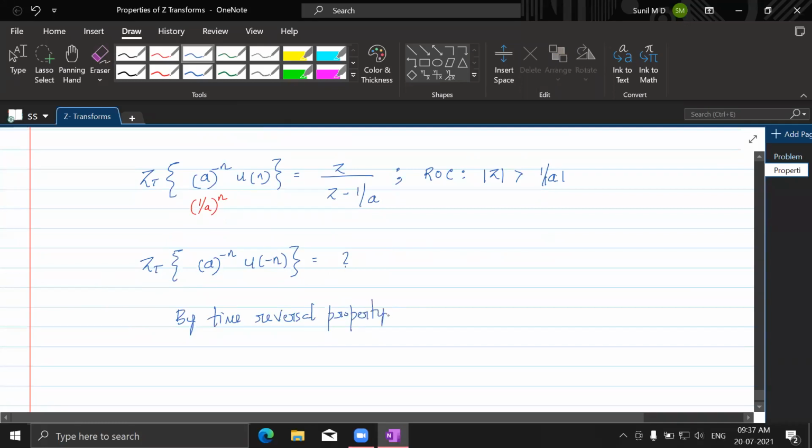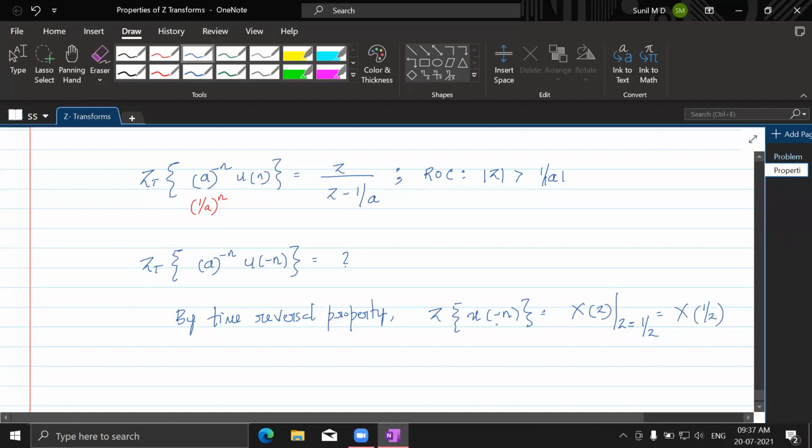we know what? Excuse me. Can you tell me what happens if we take the Z transform of x of minus n? Anybody? In X of z, z is replaced by what? 1 by z. So X of z should now look like X of 1 by z.